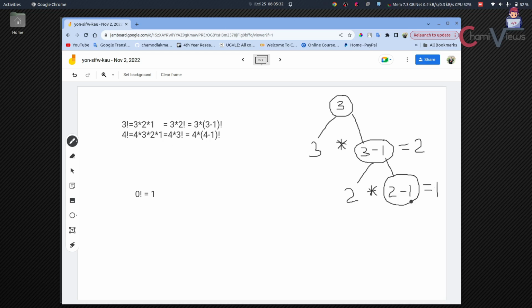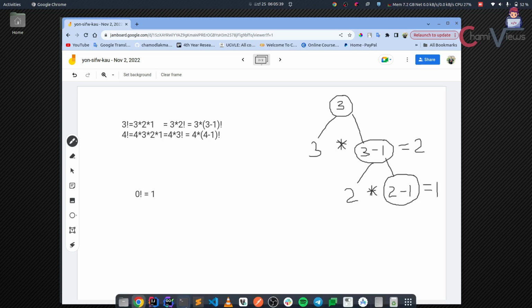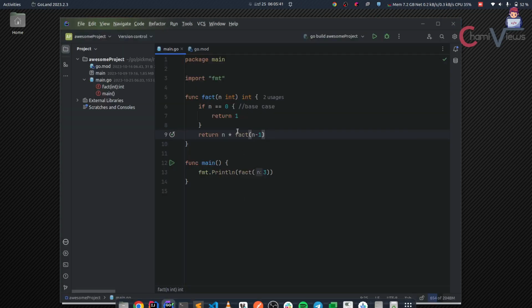Hope you got that. Again it calls the factorial function with 1. Now n equals 1, it checks this, no, so 1 multiplied by factorial of 0.